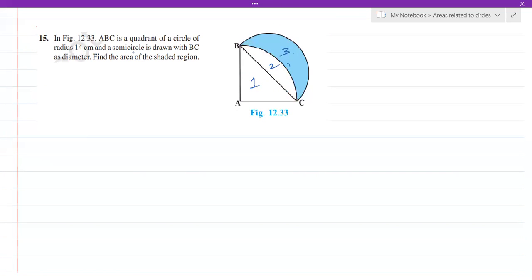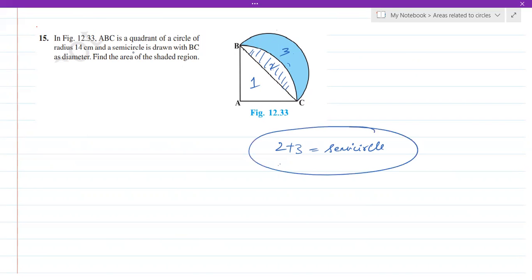Now if you observe carefully, region 2 plus 3 is actually equal to the semicircle, isn't it? Region 2 is this shaded region and the blue color shaded region, if you add both, that is equal to the semicircle. Now 1 plus 2 is what? 1 plus 2 is the quadrant. So we have got 2 plus 3 is equal to semicircle.